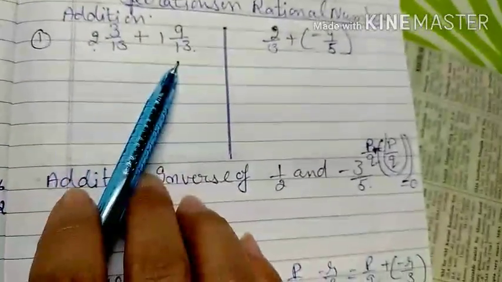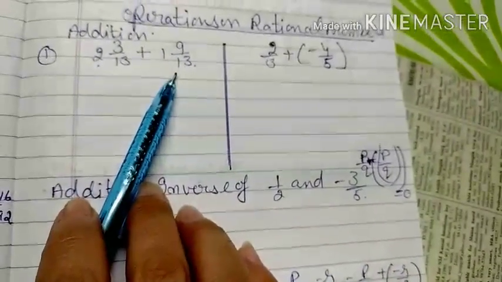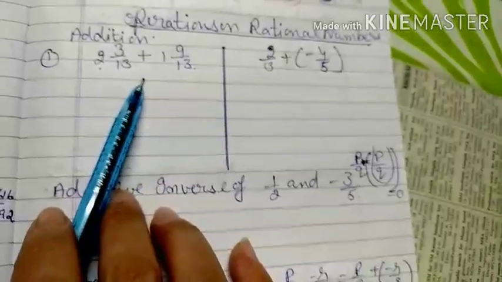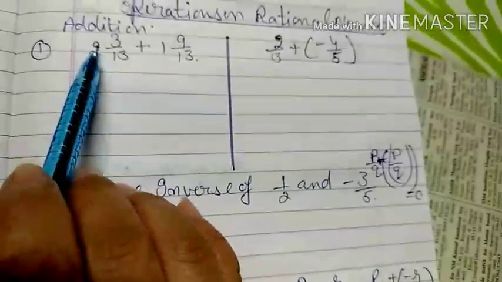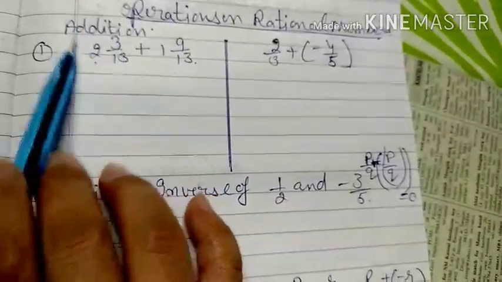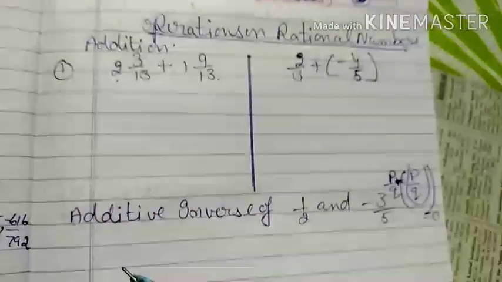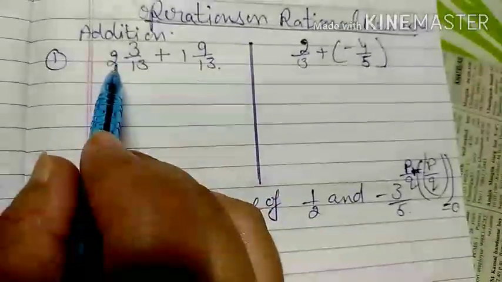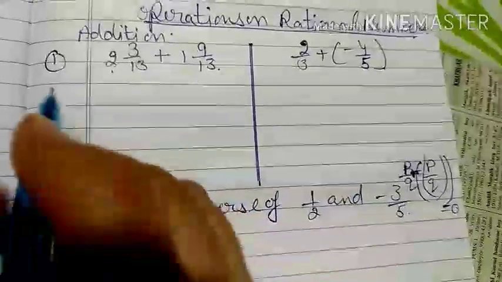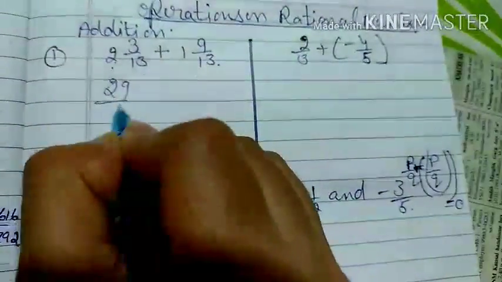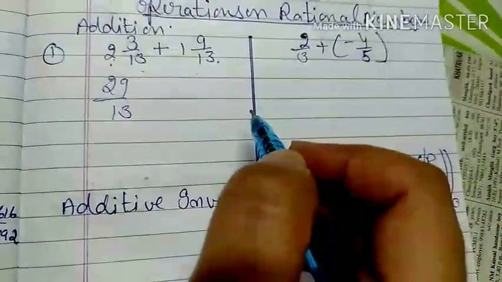If there is the same denominator, you just write the common denominator and add the numerators as they are. But first, if I have a mixed fraction, I convert it into an improper fraction. If I multiply 2 into 13 plus 3, that gives me 29 by 13.